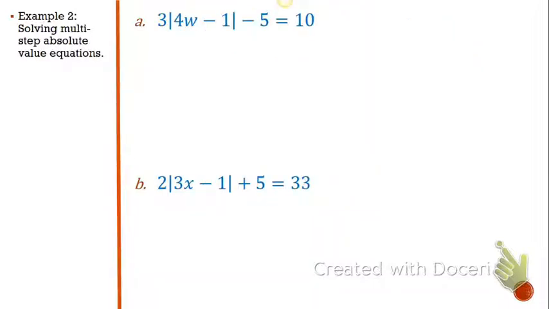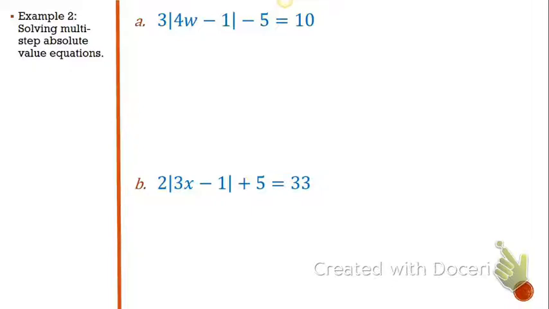Okay, second section, solving multi-step absolute value equations, right? Now the absolute value is not by itself. We have other coefficients and we have constants, okay? So this is not very complicated. So think about how you would solve for variables. You want to leave the variable by itself, right?